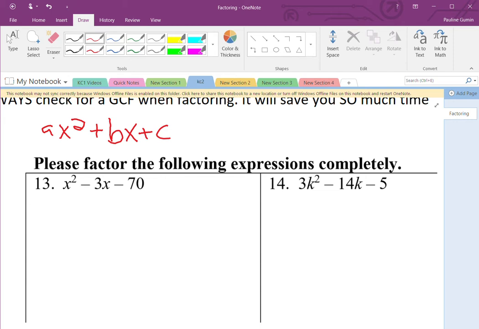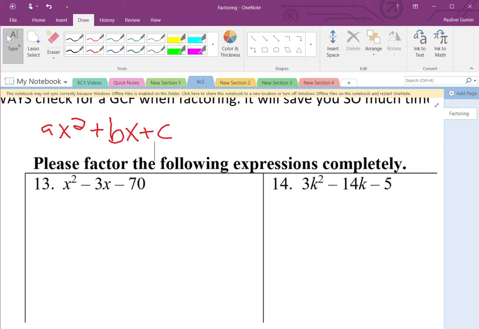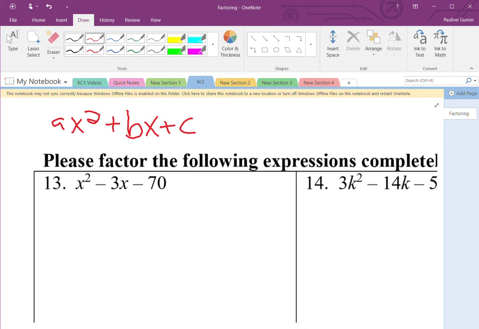In the first problem, right underneath it, I have several minuses. That just means that the b and the c are negative numbers. I always start these off by labeling, so I don't make a mistake.